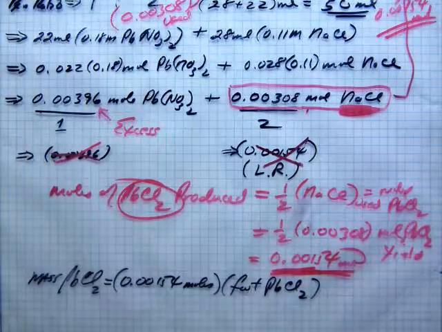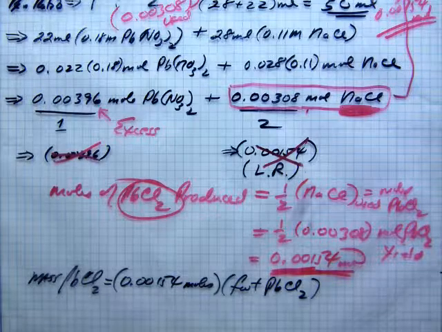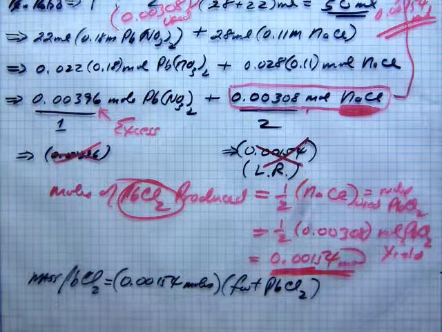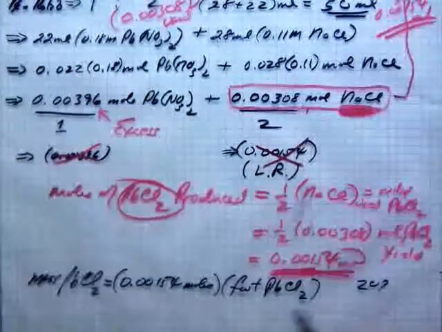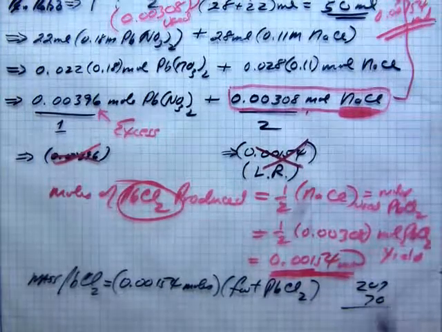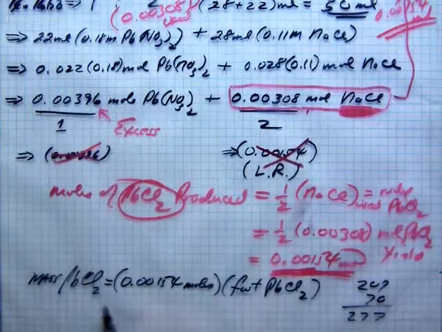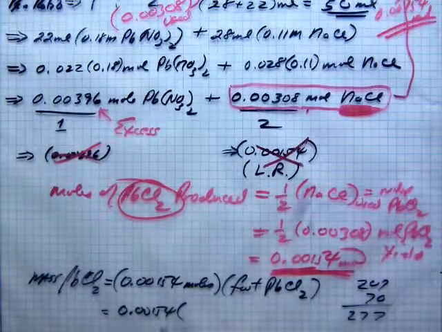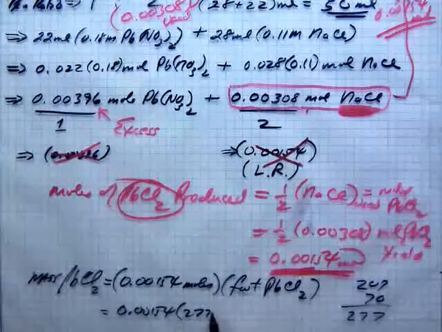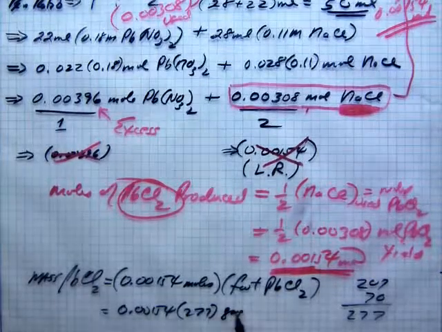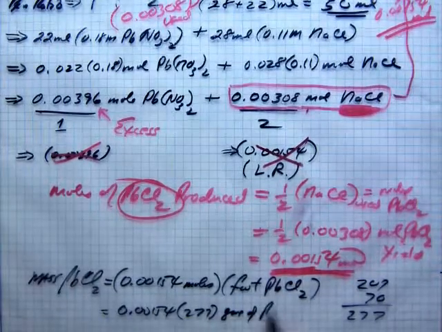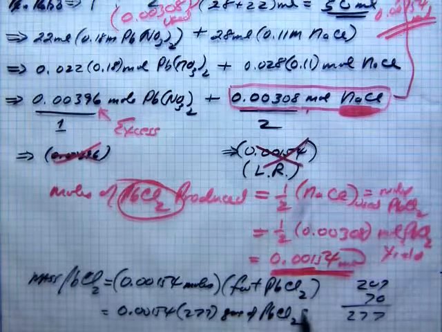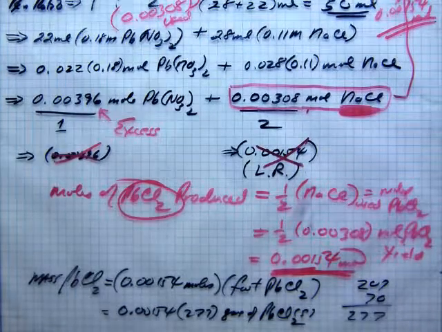And so you work out the moles. Lead is 207. And that's 35, 77, 277. So that is 0.00154 times 277 grams of PbCl2 precipitate will come out of that reaction.